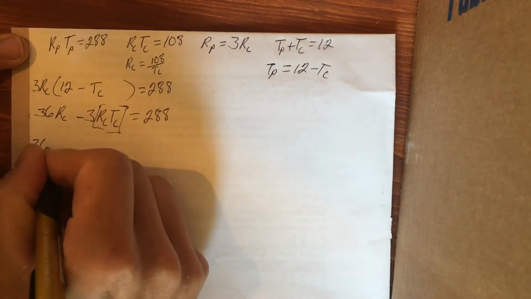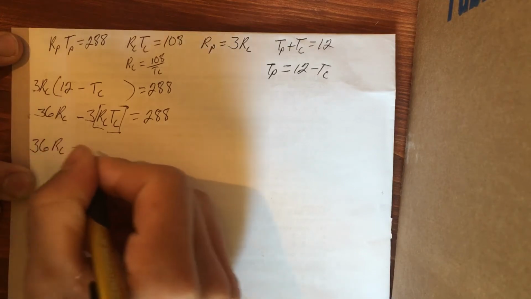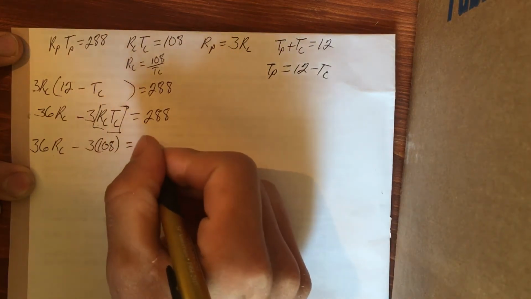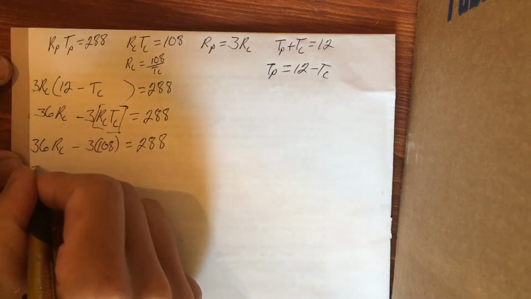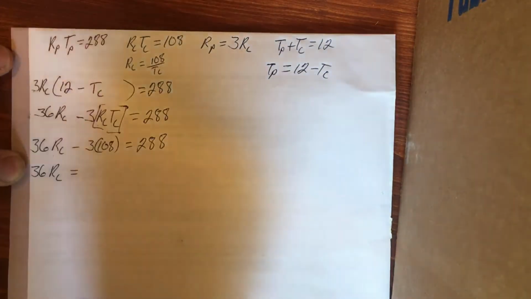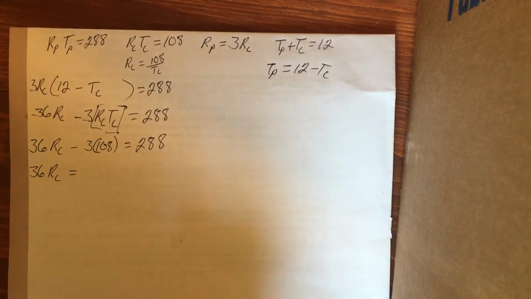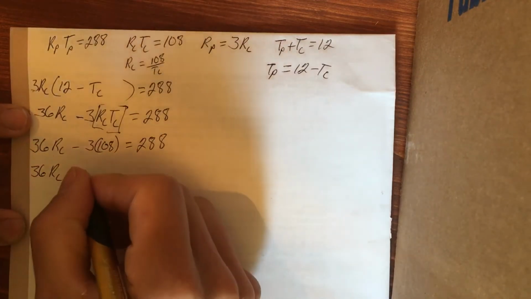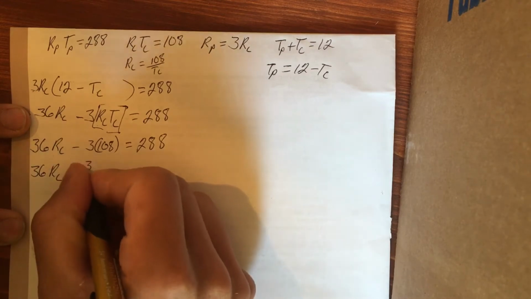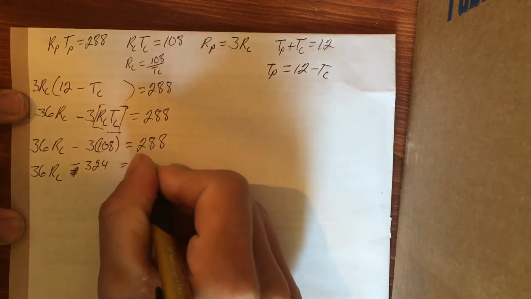So 36RC minus 3 times 108 equals 288. I'm going to use my calculator so we for sure don't make mistakes. 3 times 108 is 324, so 36RC minus 324 equals 288.